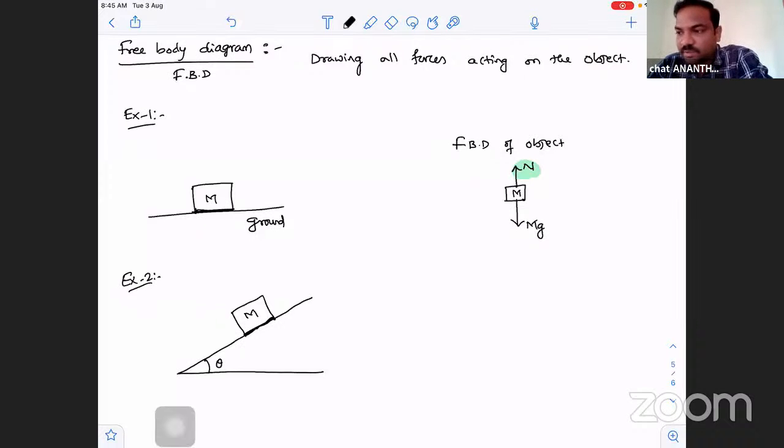So now we have to know how to draw the free body diagrams of different situations. Okay, it's not three forces. Still it is two forces only.